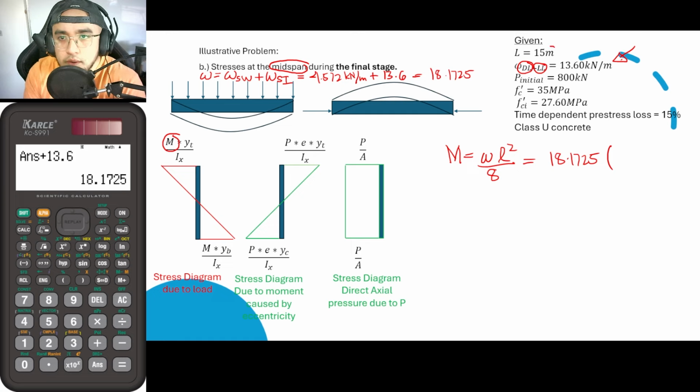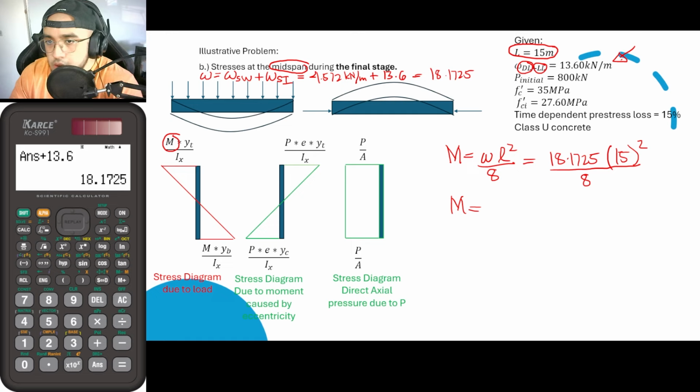So according to the problem, the length is 15 meters. So times 15 squared divided by 8. So just multiply this by 15 squared divided by 8.